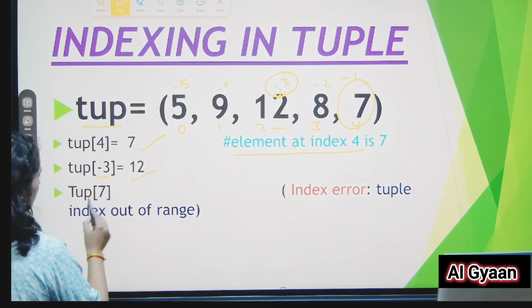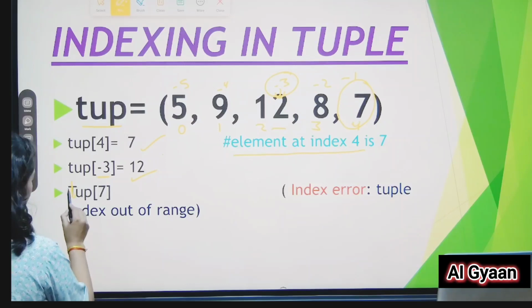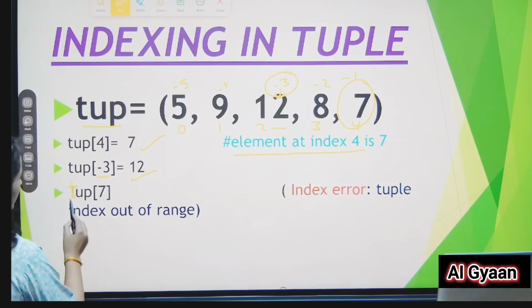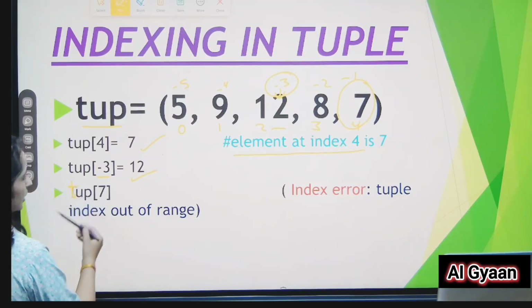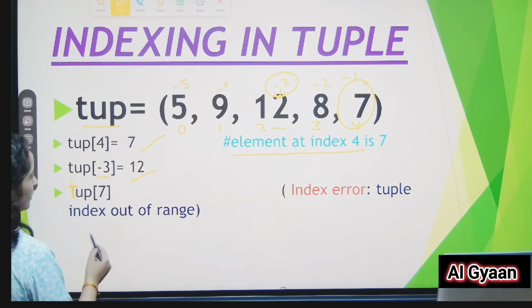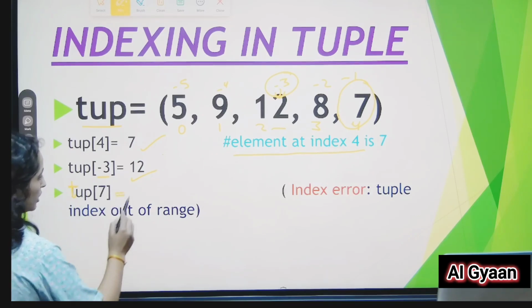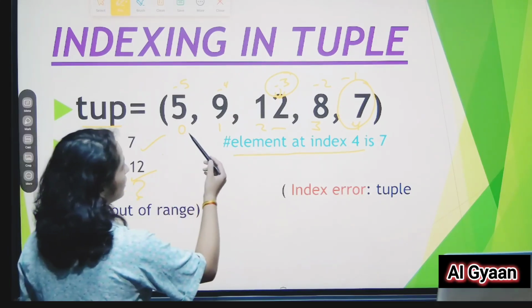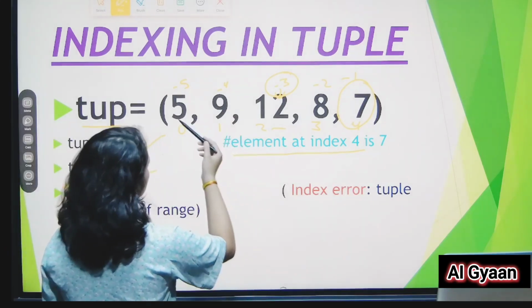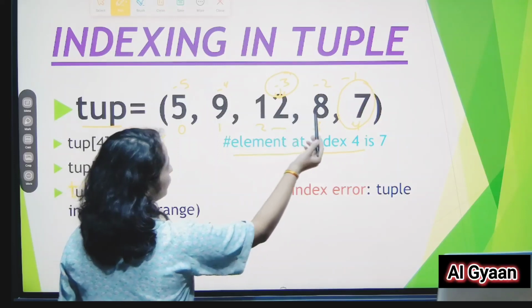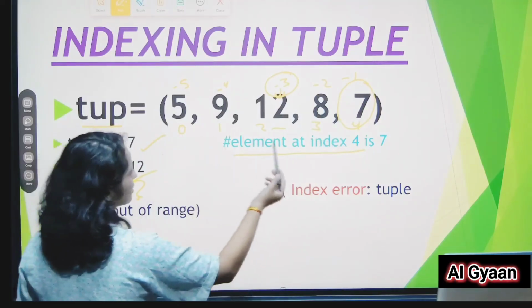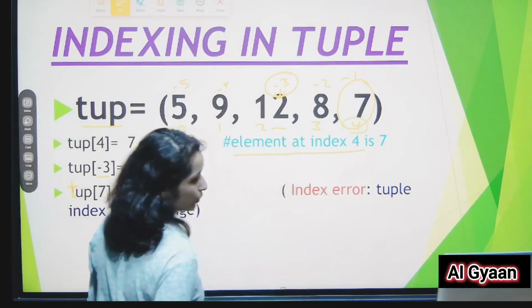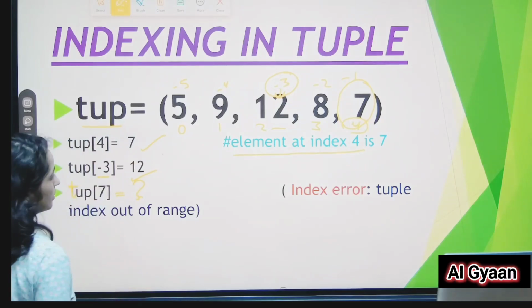And see, if I have written tup and the index value I have given is 7, what will be my output? As we can see, the total elements in this tuple are 1, 2, 3, 4, 5, and the indexing goes till 4 only, and here I have written 7.